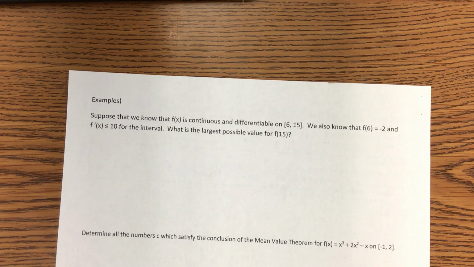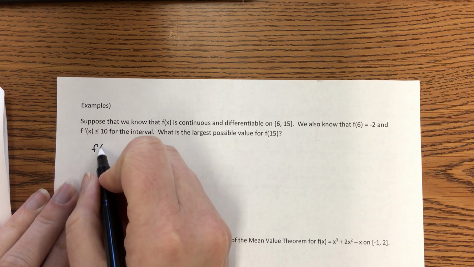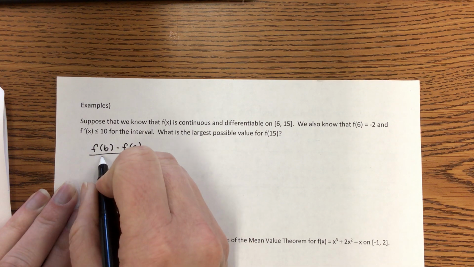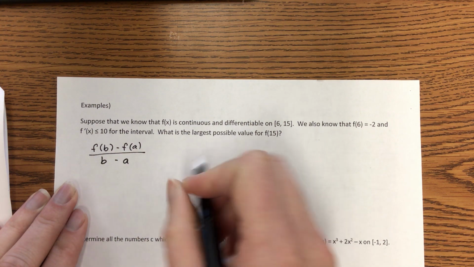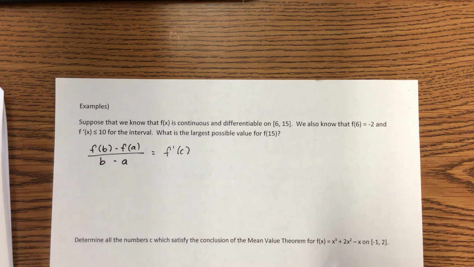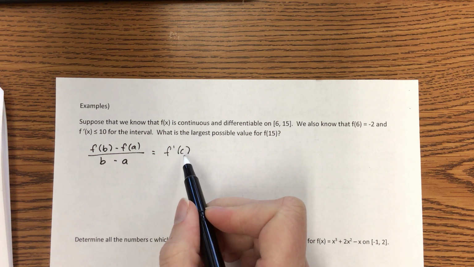We know that f of 6 is -2 and f prime is less than or equal to 10. So the slope is less than or equal to 10. We want to know what is the largest possible value for f of 15. Well, we know that f of b minus f of a over b minus a has to equal f prime of c, or f prime of x, so any x value.